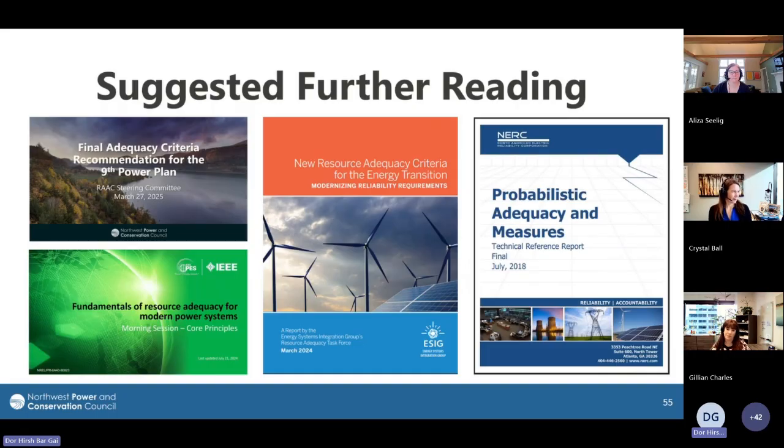ESIG in the middle, a few of my colleagues worked with them and others around the nation to really focus on new resource criteria and transitioning power systems. There are really nice examples from all around the US, not just our region. That's a really nice report, just to see what is happening in the US.